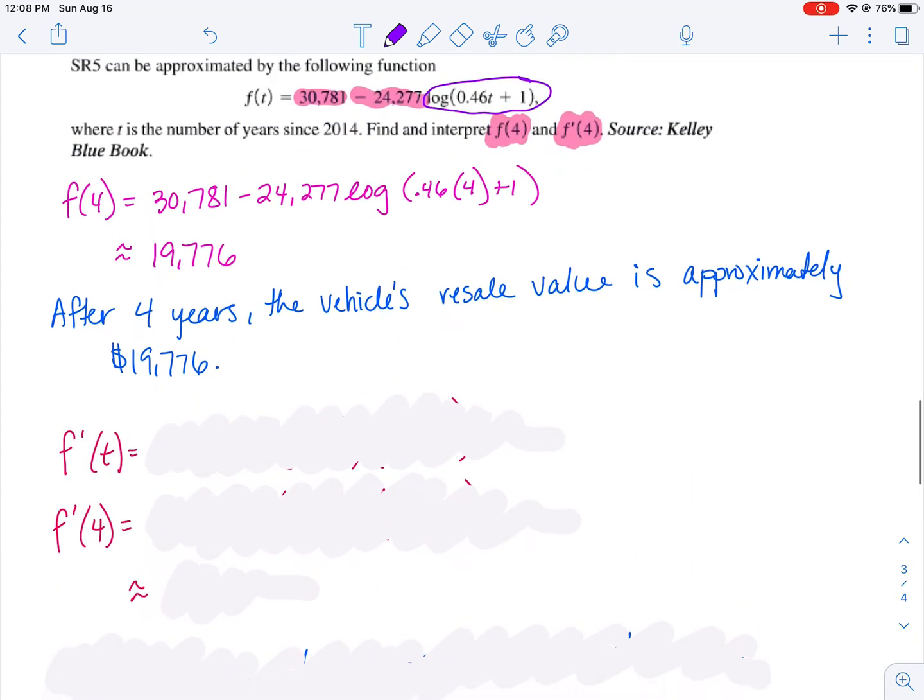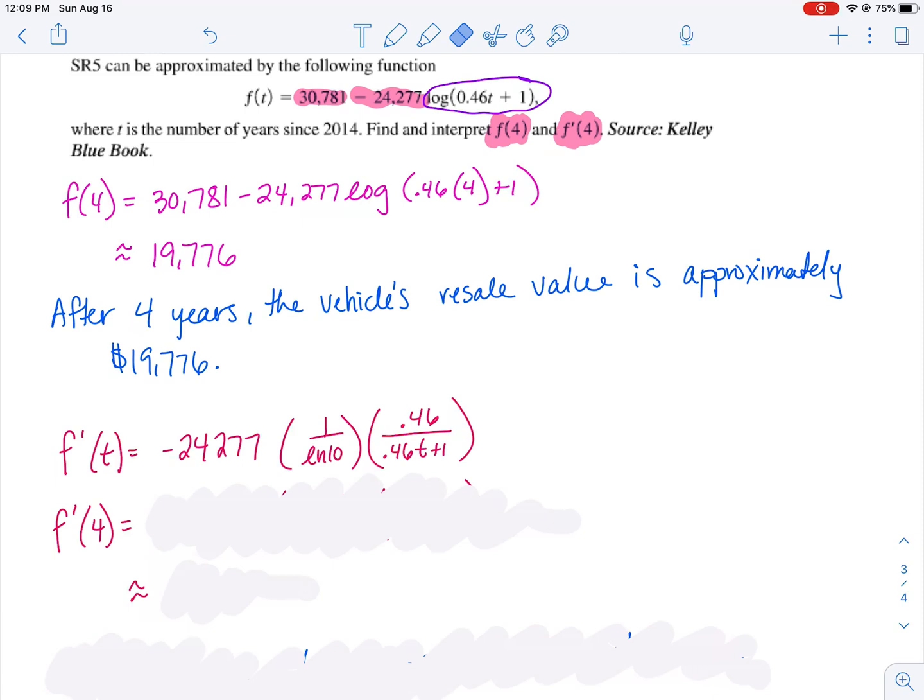Here we go. I have my coefficient, my negative 24,270. I have 1 over the natural log of the base. And remember, when there is no base written, it's assumed to be a 10. So 1 over the natural log of 10 times the derivative of the inside, which is 0.46, over the original inside, which is 0.46t plus 1.